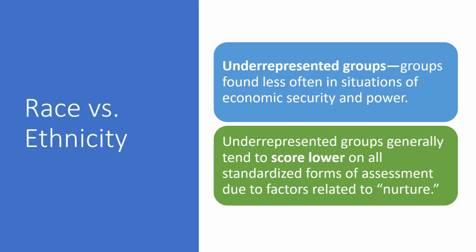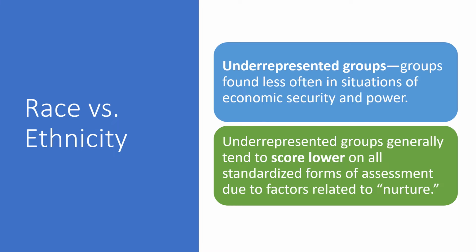When we talk about race versus ethnicity, it's important to understand the term underrepresented groups. In education, when we discuss underrepresented groups, we're referring to groups that are found less often in situations of economic security and power.